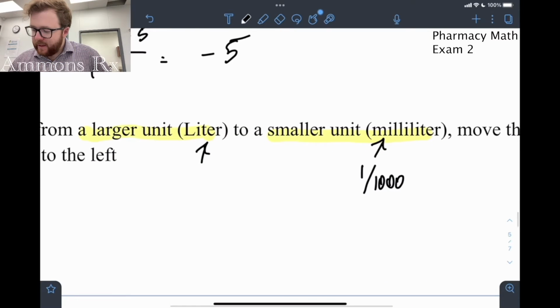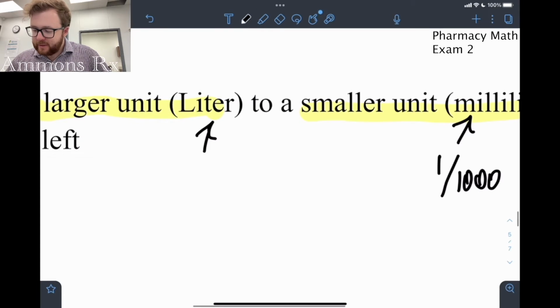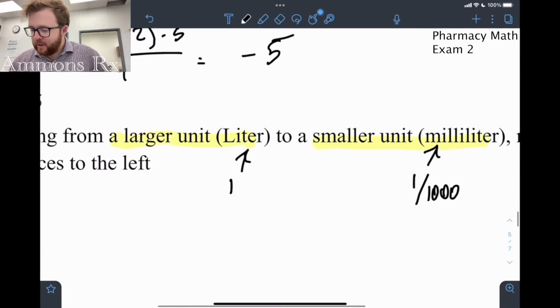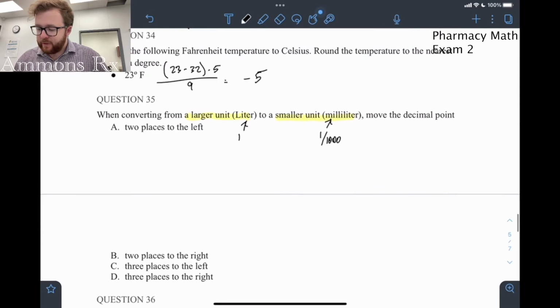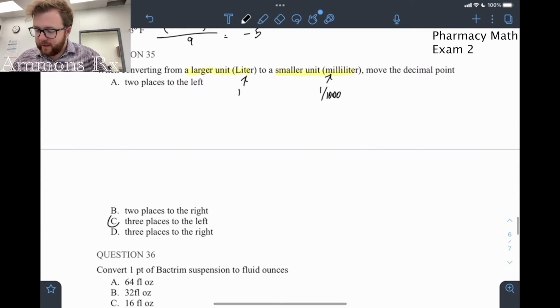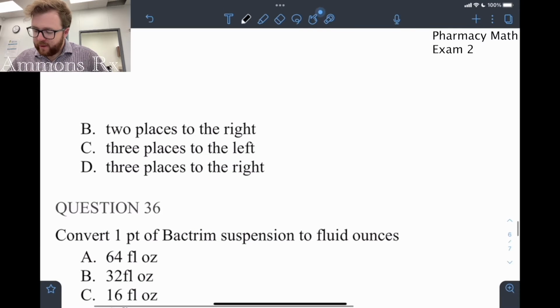And if we have that, because it's 1 over the base unit, our base unit is actually liters. So if you notice the relationship to go from a liter to a smaller unit, 1 over 1,000, we need to move it 3 places to the left because we're going to divide by 1,000. Sorry, I said that backwards. We need to move it 3 places to the right.